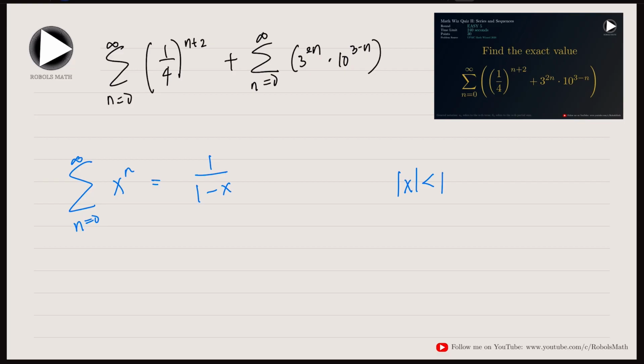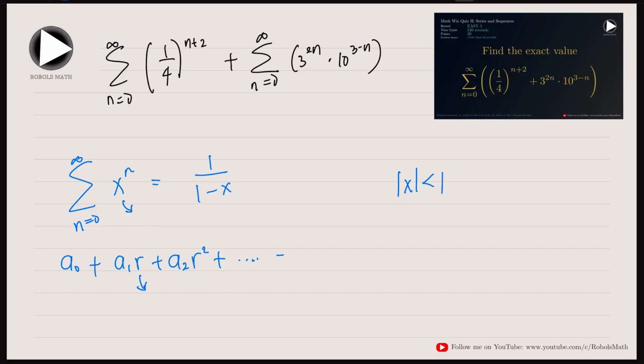We can also look at an alternative form of the series if you're not comfortable with this one, in the form that looks like a sub 0 plus a sub 1 times r plus a sub 2 times r squared plus and so on, where the common ratio here is r. For the first one, the common ratio is x. The second one, the common ratio is r.